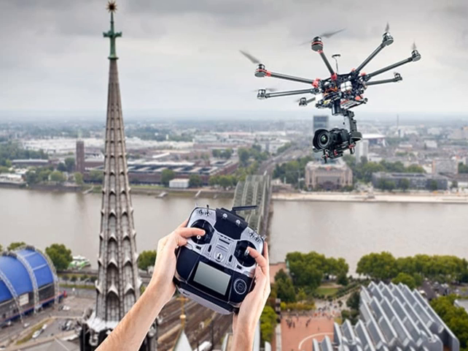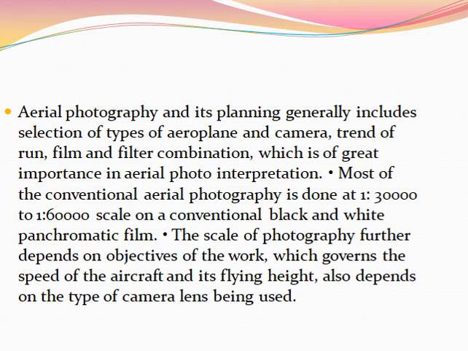Then what is a good aerial photograph? A good aerial photograph must have certain standards of geometrical accuracy. Aerial photography and its planning generally includes selection of type of aeroplane and camera, trend of run, film and filter combination, which is of great importance in aerial photo interpretation.